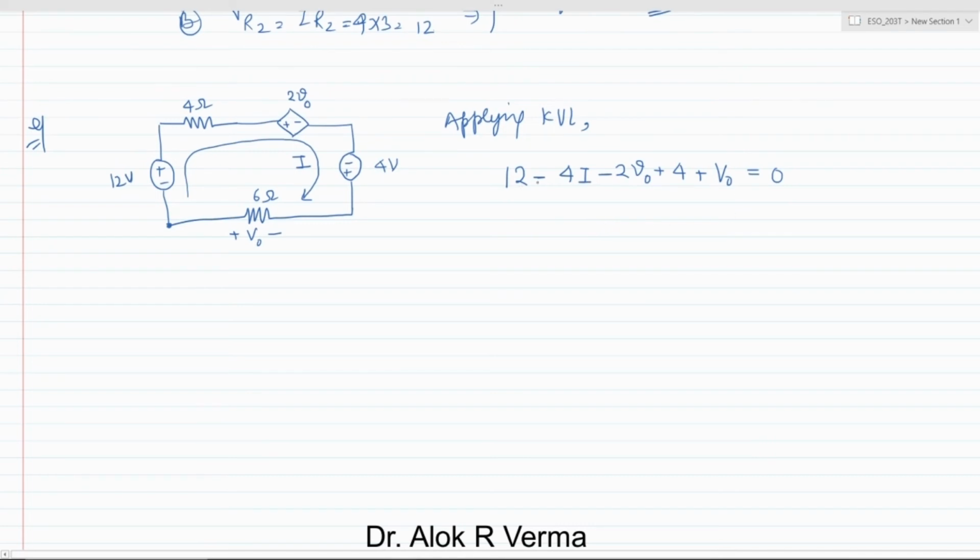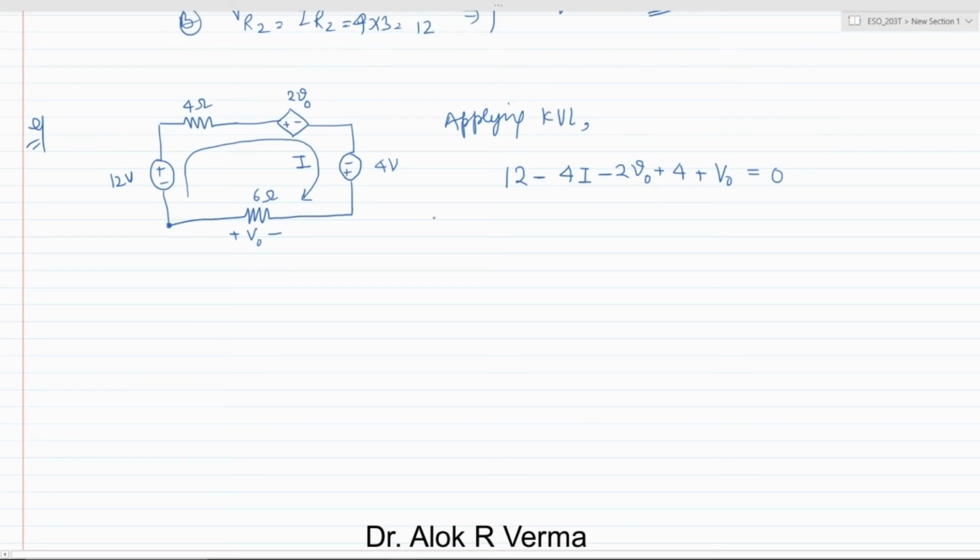So you have written 12 minus 4I minus 2 V naught, minus because it is a drop, then 4 is a rise and V naught is a rise. This is the KVL you have written, right? Now there are two variables, I and V naught, and we have only one equation. How can we solve that?